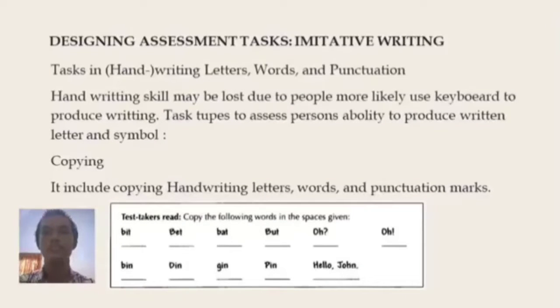Designing assessment tasks, imitative writing. Many beginning English learners from young children to adults need basic training in and assessment of imitative writing. The rudiments of forming letters, words, and simple sentences. Tasks in handwriting letters, words, and punctuation.